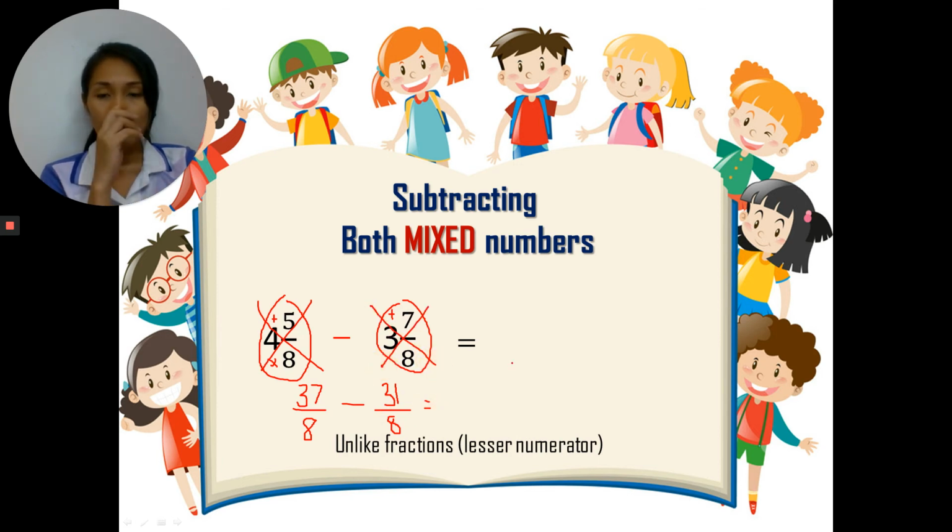Now that we got these improper fractions, let's proceed with the subtraction. You see, these are like fractions, so we just copy 8. Now 37 minus 31 is 6, right? Okay, now that we got this, is that our final answer? Not yet. It's a proper fraction, but as you can see, it's not yet in the lowest term.